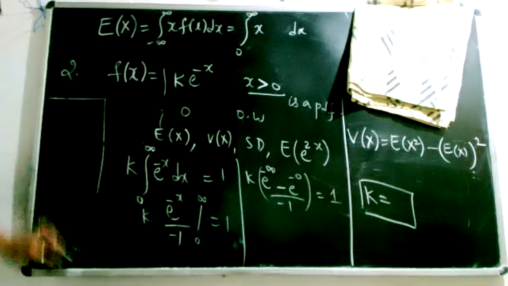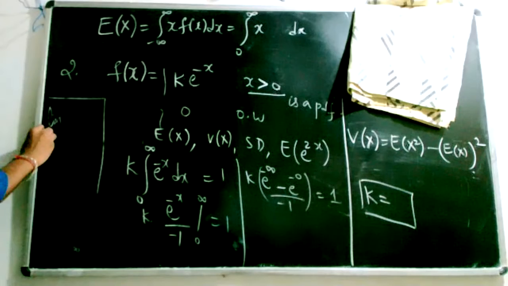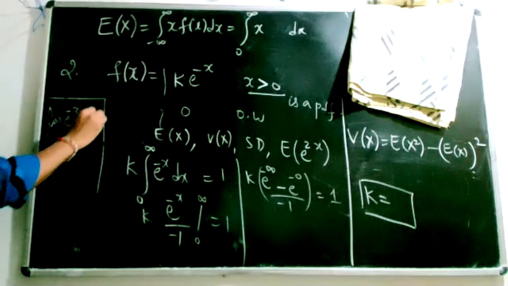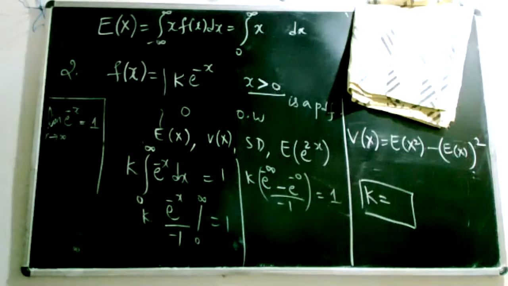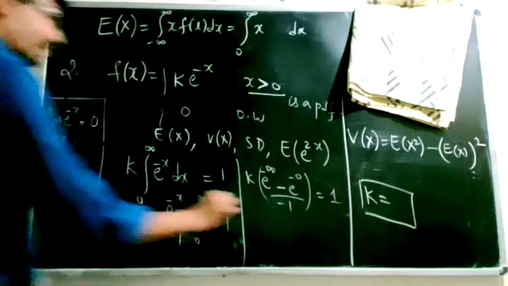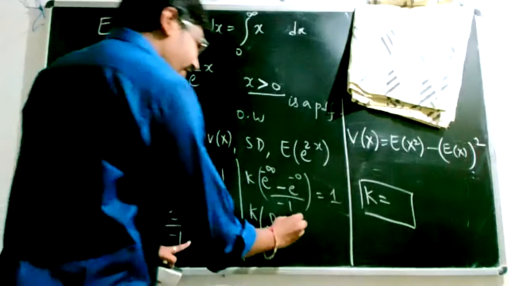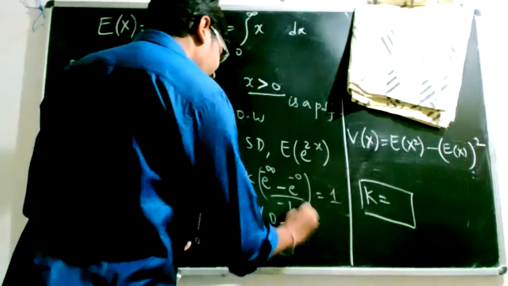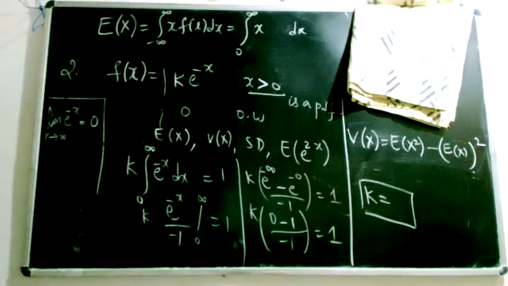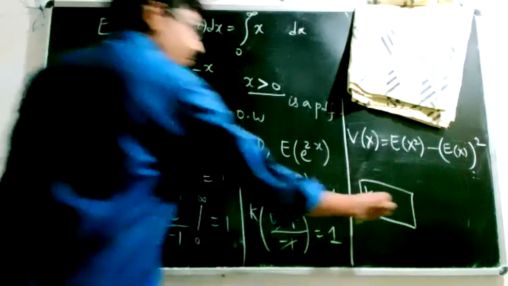So what you observed is it already in my first PUC kaltirtira limit x tends to infinity e power minus x is always equal to 0. So this becomes 0 minus e power 0. Any finite quantity power of 0 is 1. So you will have k into minus 1 divided by minus 1, which get cancelled. So you get k is equal to 1.